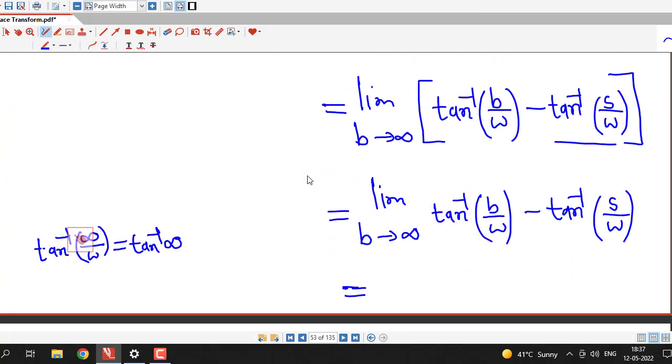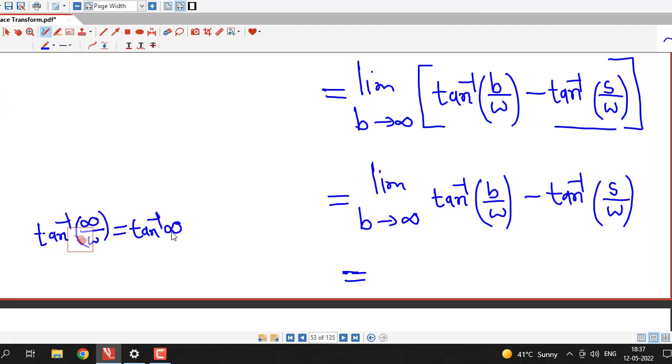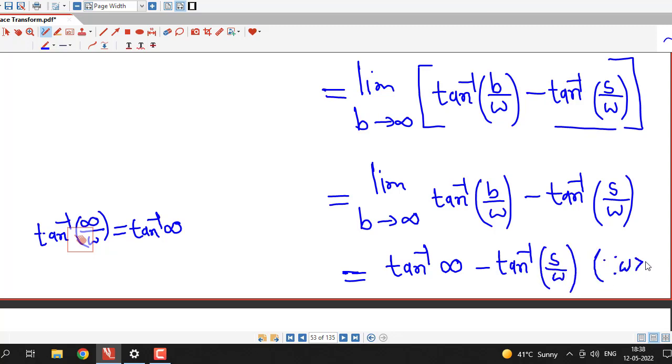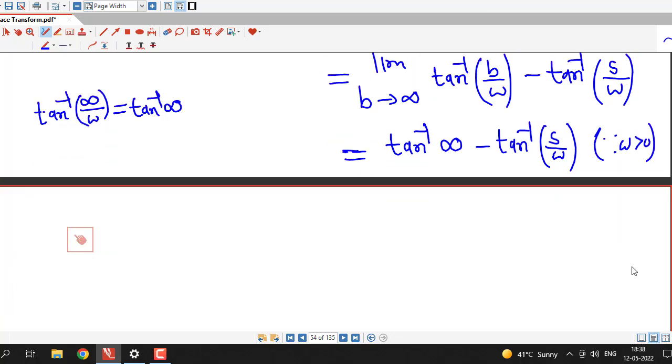If omega is positive, then we have tan inverse infinity, and if omega is negative, then we will have tan inverse of minus infinity. But here we assume that omega is positive, so this is going to be tan inverse infinity, because infinity by omega is infinity, minus tan inverse s divided by omega.